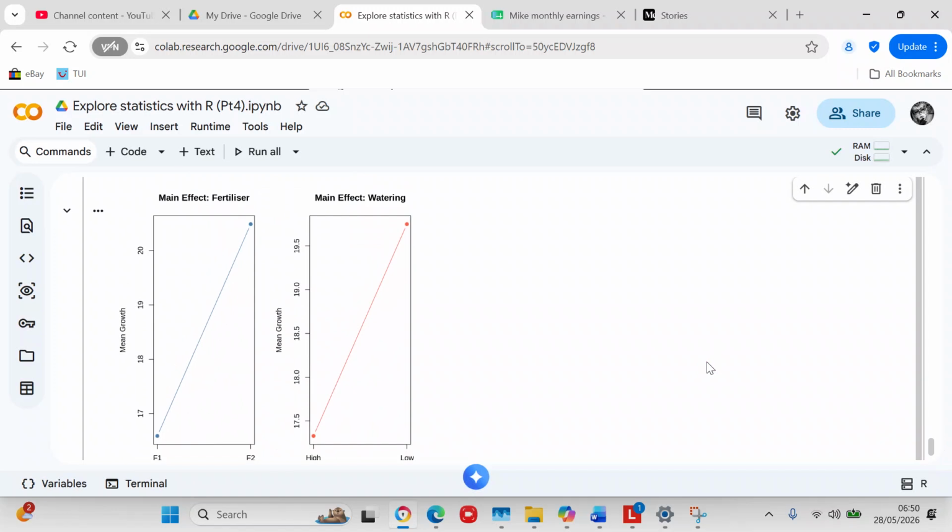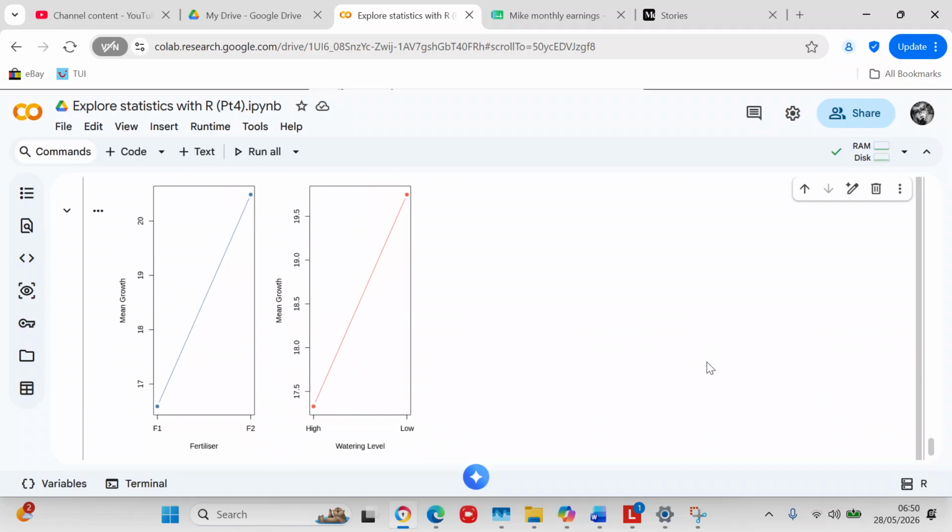For the fertilizer, F1 is lower than F2. And for the watering level, the high is lower than the low. Again, this is just simulated data that we're using.